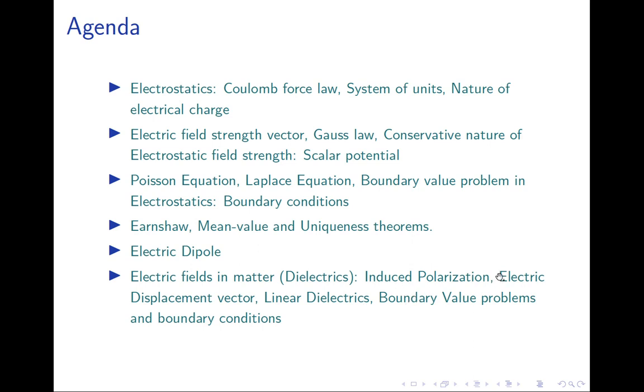Since we've established that they are small dipoles, a continuum of dipoles, we will see that it makes more sense to define something known as the electric displacement vector, which captures more information than the electric field. And then we'll study a special case. In order to get more mileage, we will study linear dielectrics. In fact, we will talk about linear isotropic dielectrics, for which these quantities get related in a way that you can actually solve the equations. We will also set up boundary value problems for linear isotropic dielectrics.